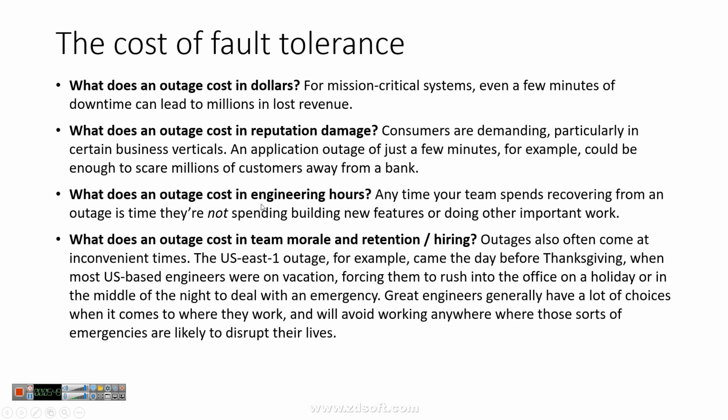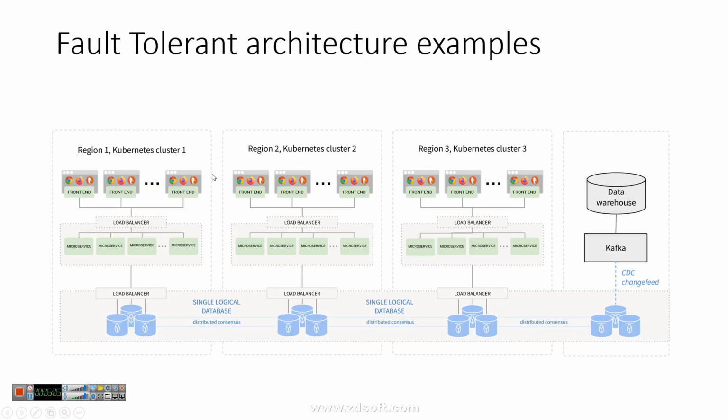Also, what does an outage cost in engineering hours? And also, what does an outage cost in team morale and retention and hiring? If these four questions are asked, accordingly we can decide the cost of the impact and design the fault tolerance system. Then we will consider a fault tolerant architecture example.